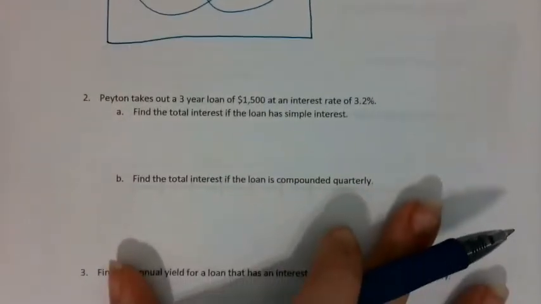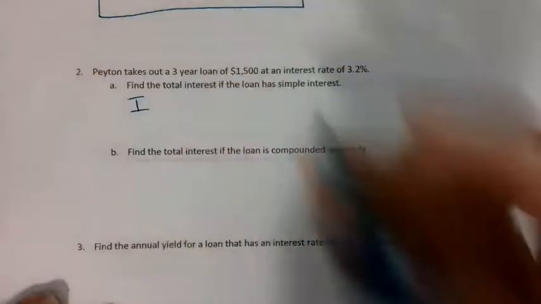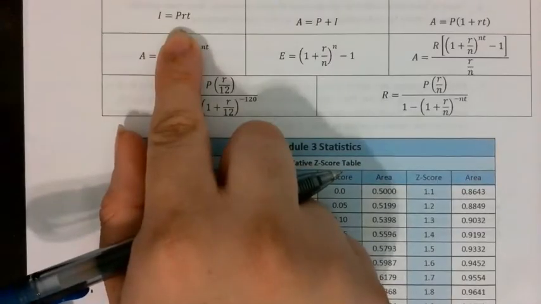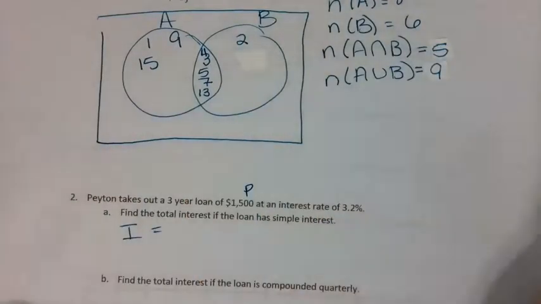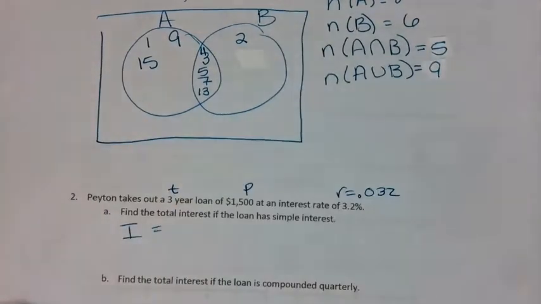Number 2 says Peyton takes out a 3-year loan of $1,500 at an interest rate of 3.2. The first one wants me to use simple interest. So if I look on my back, simple interest is the first formula I give you. I equals P times R times T. So my principal is the 1500, my rate is 0.032 as a decimal, and my time is 3.